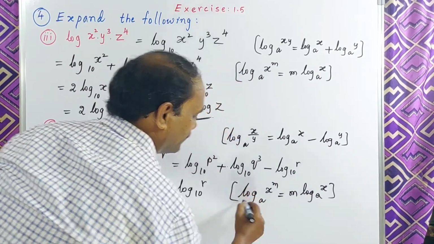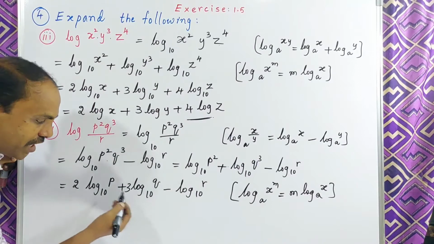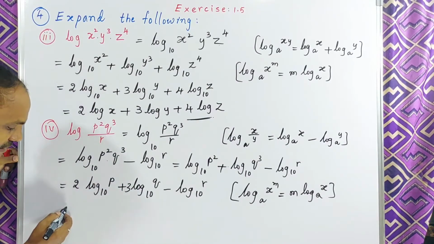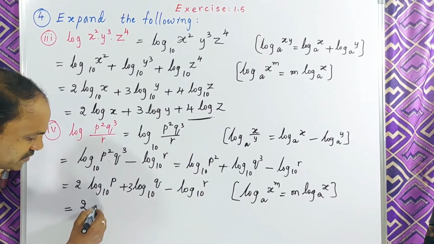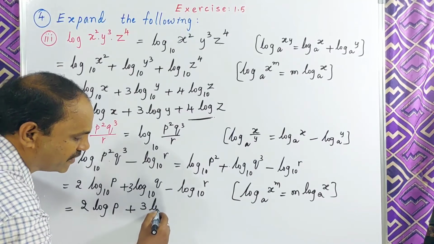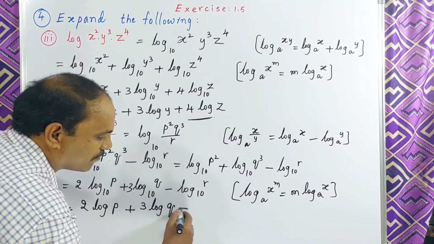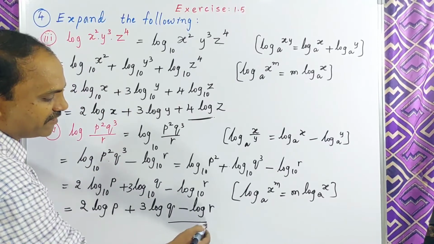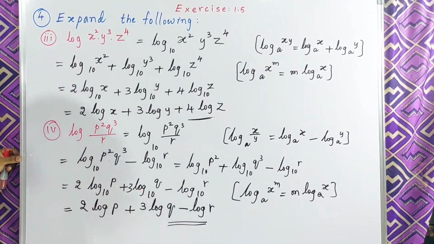Is it understood? Now remove this 10, no need to write 10 there. If nothing is there, it means 10 is there. So this one is 2 log p plus 3 log q minus log r. This one is our fourth answer.